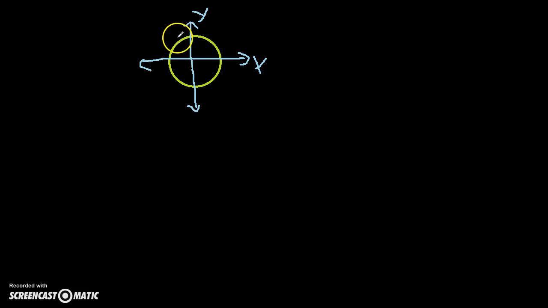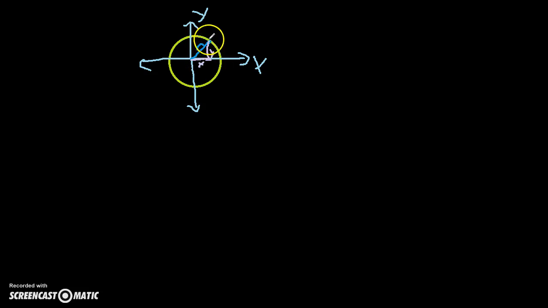So this is the radius. It's of length r. It's very important for the rest of the video that you remember r is the radius. So that is just x. And that's y.